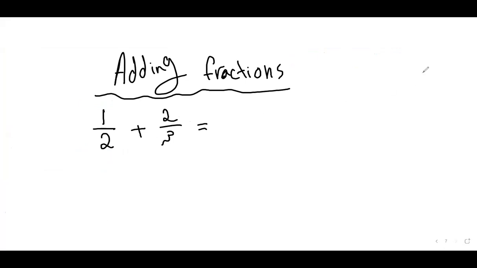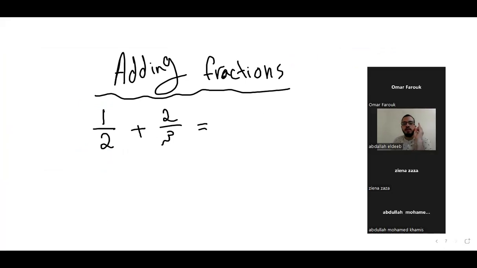What you do here in adding and subtracting fractions, you need to make a common denominator. You see what is the LCM for 2 and 3, which is 6. You write here 6. Then you make cross product.